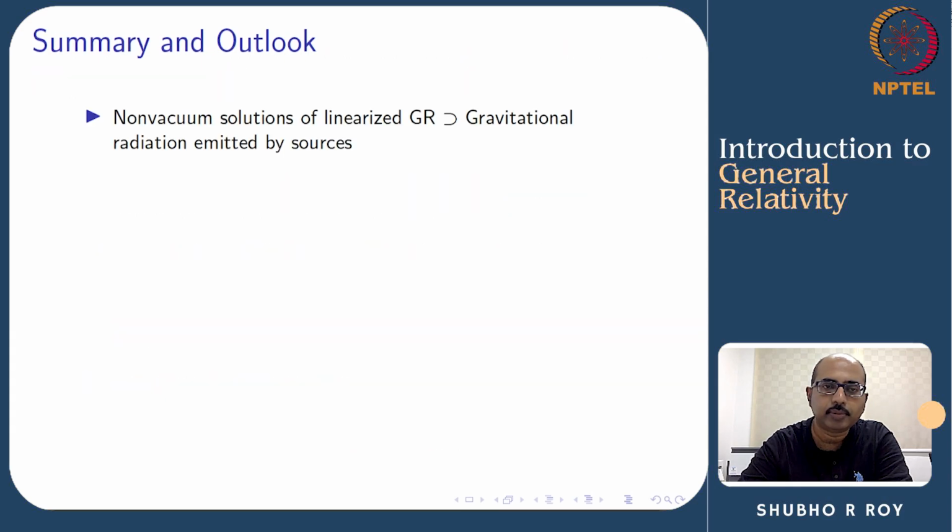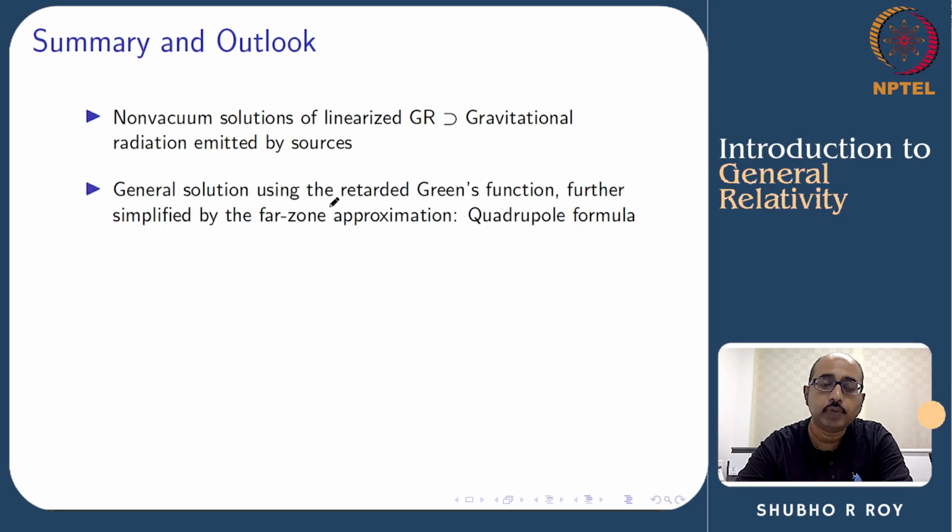So let's give a summary and provide an outlook for our lecture. So we studied non-vacuum solutions of linearized general relativity. And the subclass of this, which we were interested in, was gravitational radiation emitted from sources with a fluctuating component of the energy momentum tensor. And then we studied the general solution using the retarded Green function method, with the same trick which is used in studying electromagnetic waves.